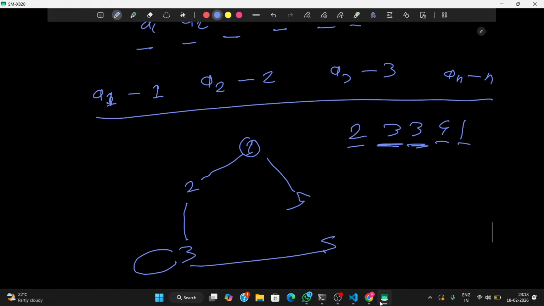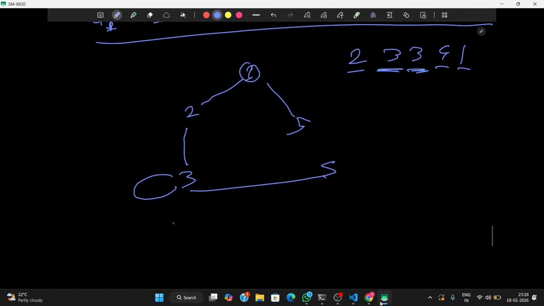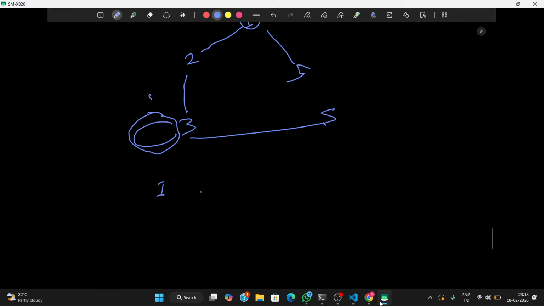So first thing that you can notice here is that, of course, we will try to not do a self loop. So for all the elements from 1 to n, there will be one edge to it.